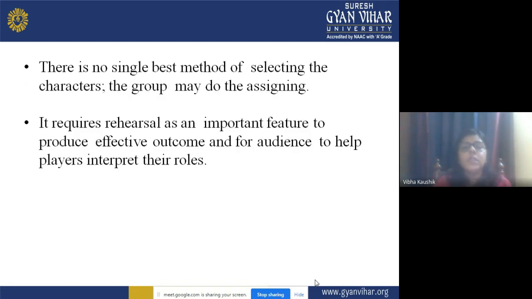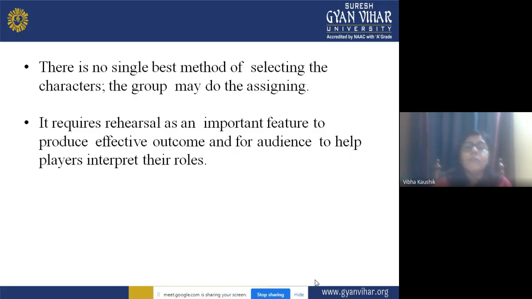There is no single best method of selecting the characters. There is not a particular method by which the characters should be selected. The group may do the assigning, which means the group members have the power to give the roles to each individual of the group. It requires rehearsals.